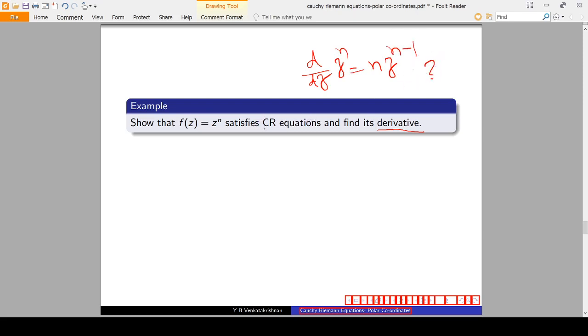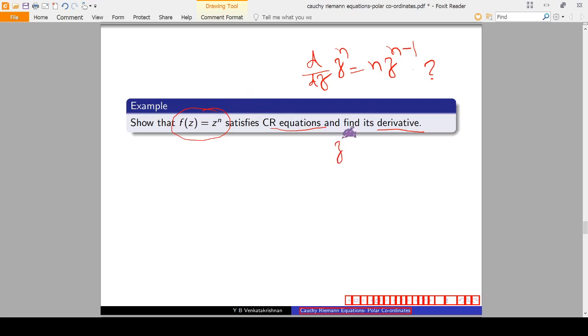We will get it using the CR equations and the formula for the derivatives. As such, there is no particular rule for deciding whether to use the polar form or the Cartesian form. Whichever is convenient, you can use it.